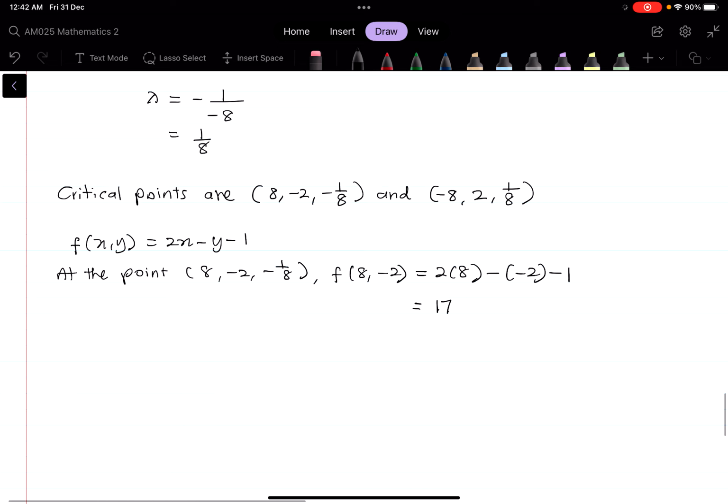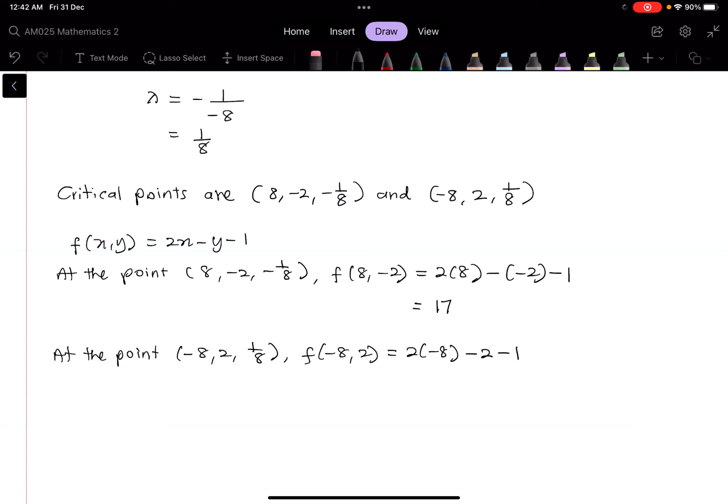And we have another point, (negative 8, 2, 1 over 8), and our function at negative 8 and 2 is 2 times negative 8 minus 2 minus 1, which equals negative 19.